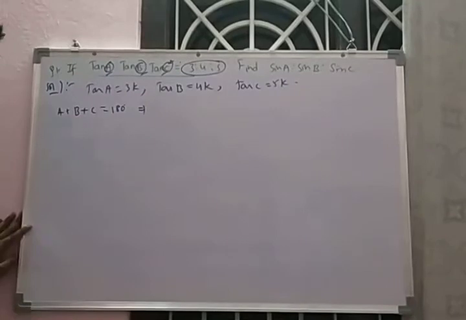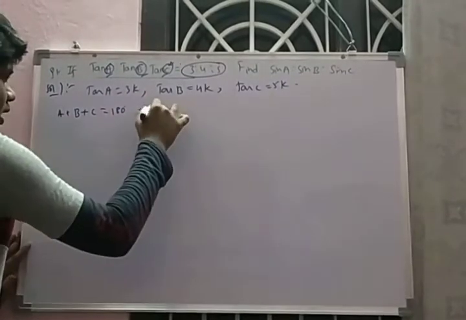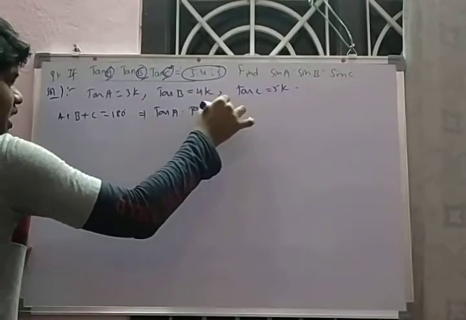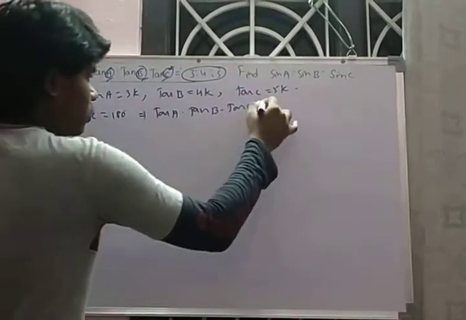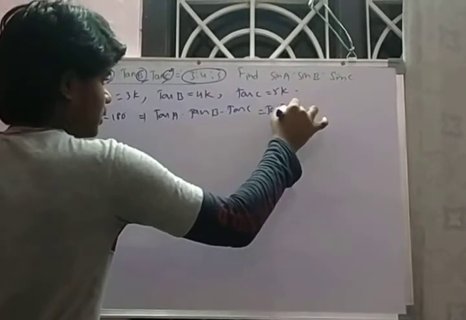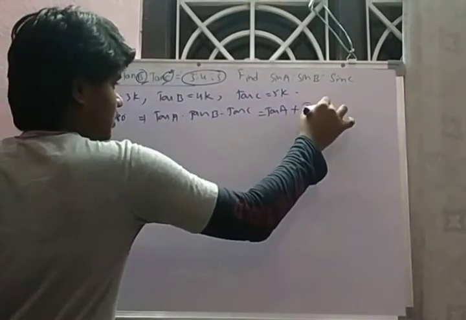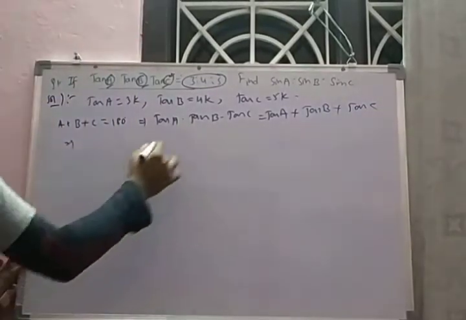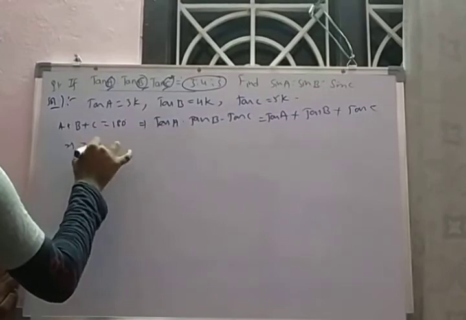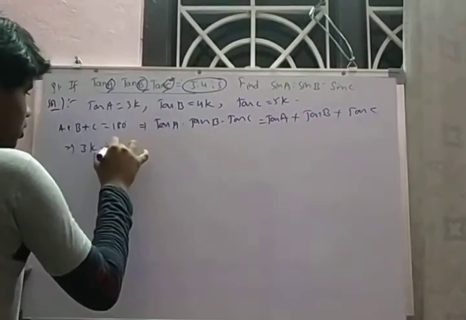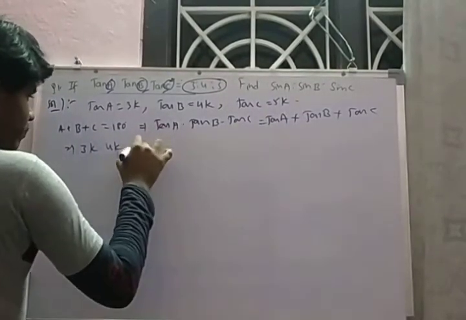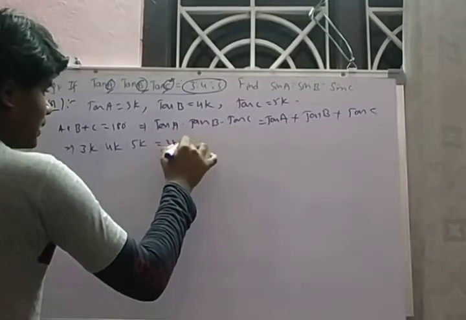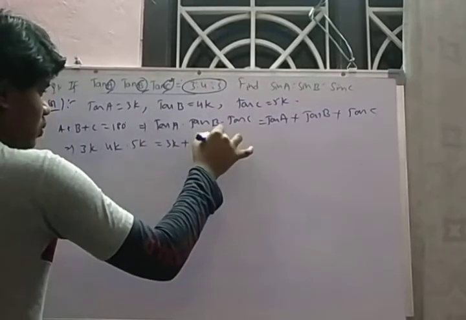In the previous question I derived a formula of tan angles, that is tan A into tan B into tan C is equal to tan A plus tan B plus tan C. So tan A is 3k into tan B is 4k into tan C is 5k, that equals 3k plus 4k plus 5k.